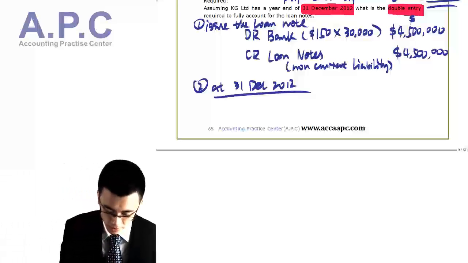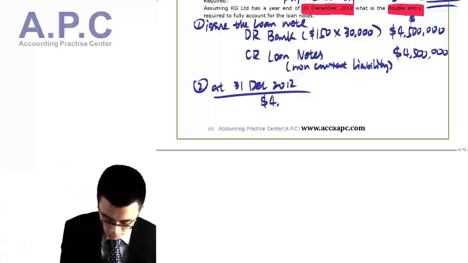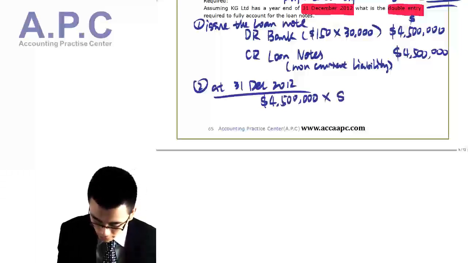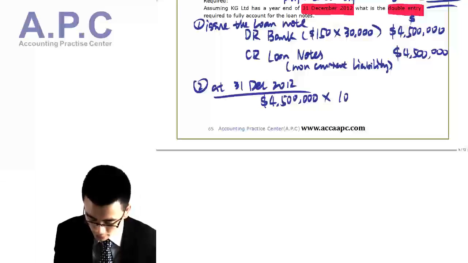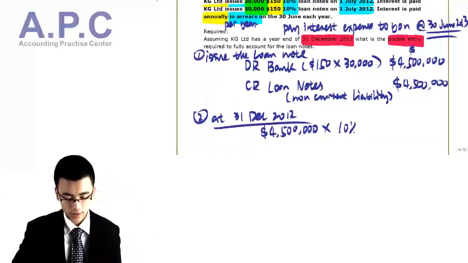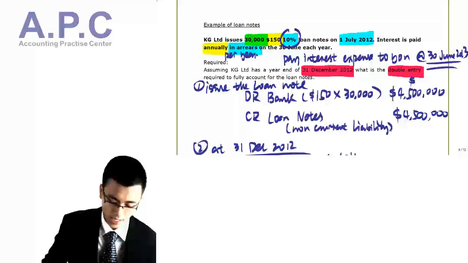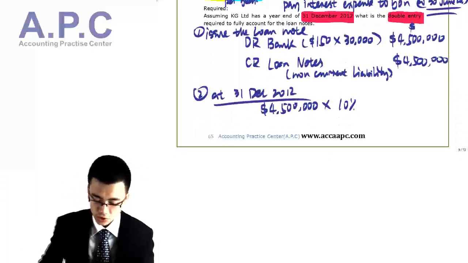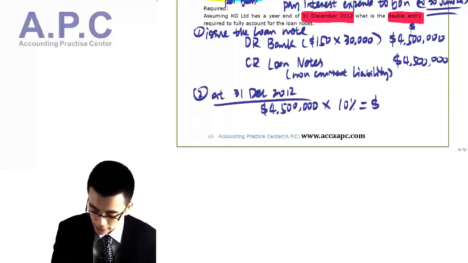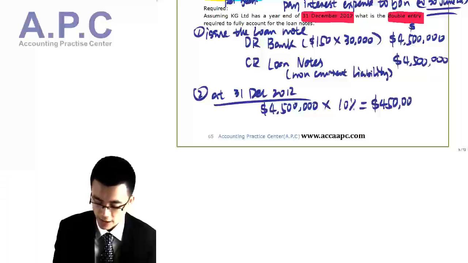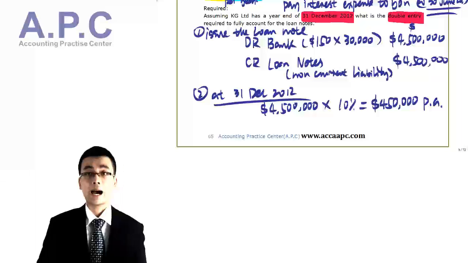The interest is $4,500,000 multiplied by the 10% interest rate the question has given us, which gives interest expenses of $450,000 per annum.